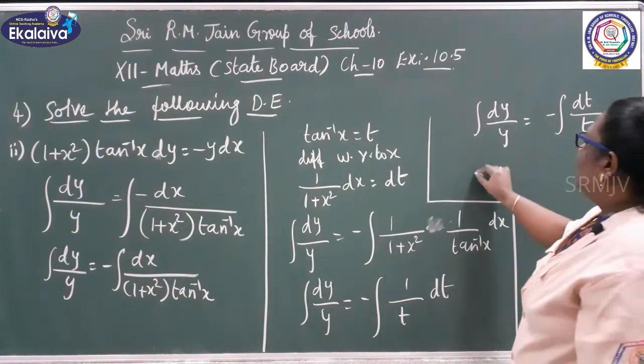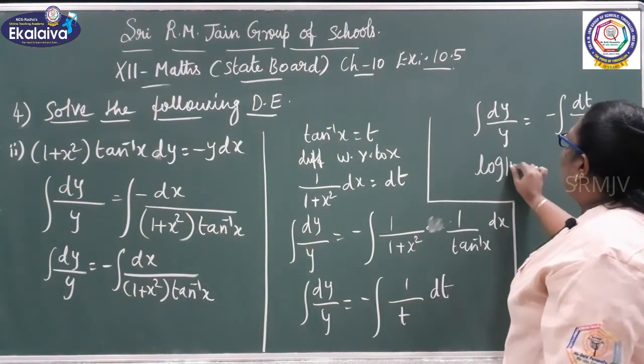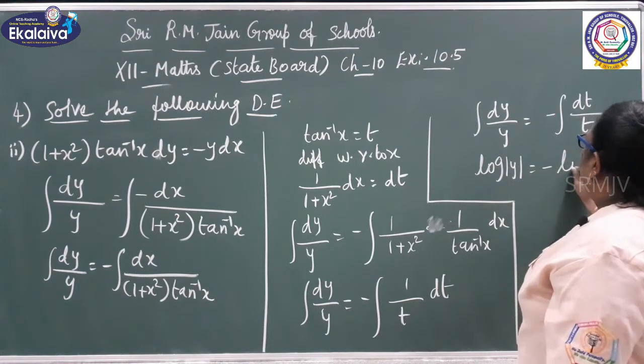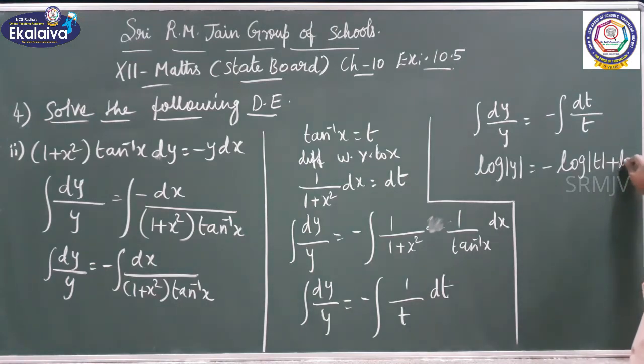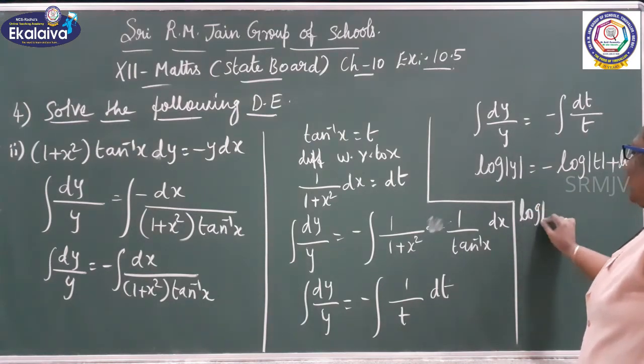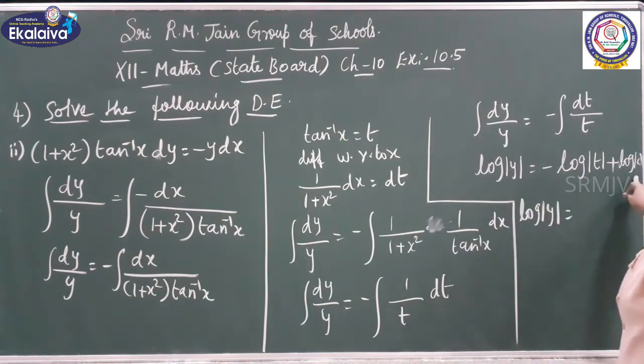Integrating on both the sides, log of mod y equal to minus log of mod t plus log of mod c. See here, log m minus log n equal to log m by n.